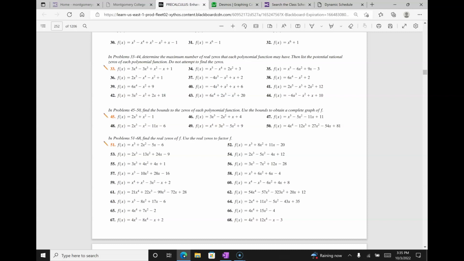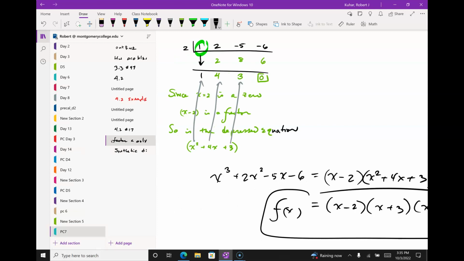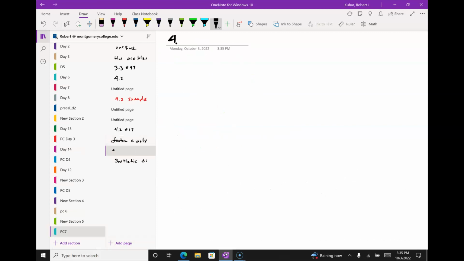So we've got to see where a possible 0 is, a possible root. So I have f of x equals 4x to the 4th plus 7x squared minus 2. And we're going to Desmos.